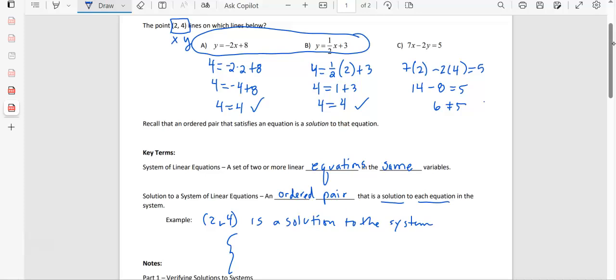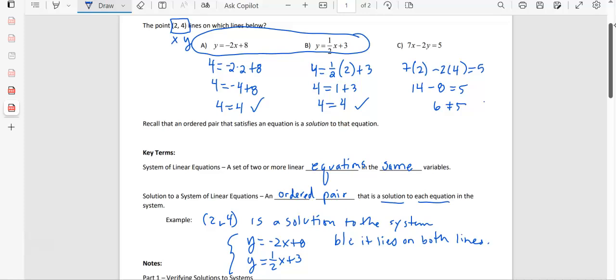And sometimes when I write a system, I use curly braces: y equals negative 2x plus 8, and y equals 1/2 x plus 3, because it lies on both lines. It satisfies both lines. It's a solution to both equations. You can kind of think of it in all those different ways.